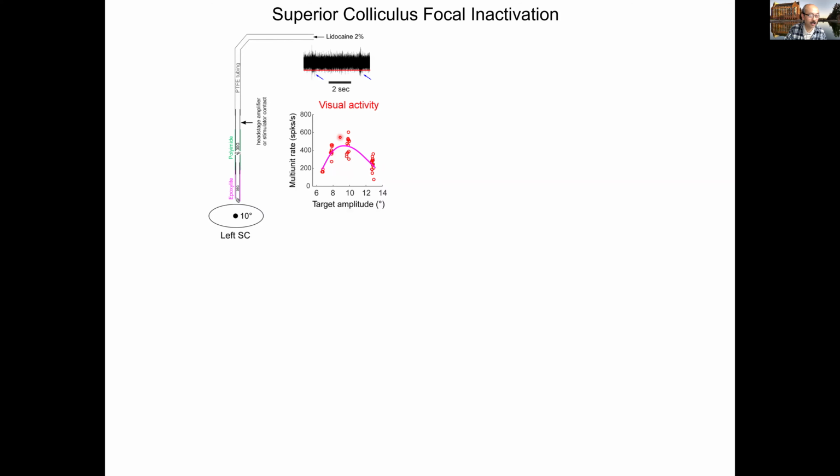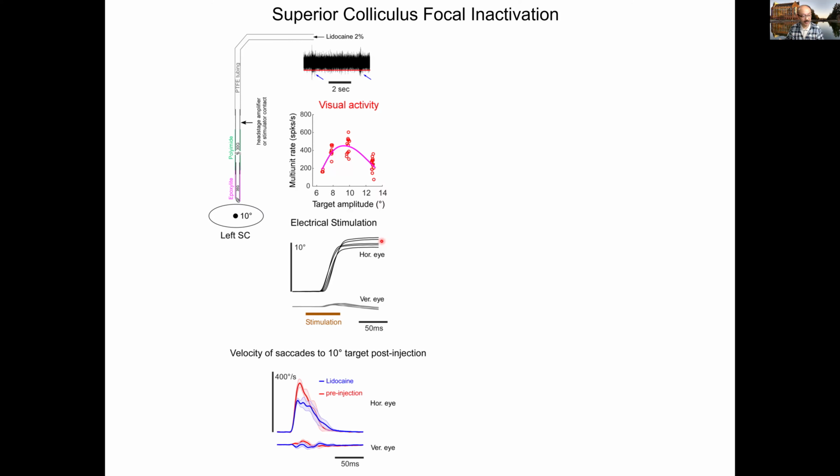And then after that, we confirm it with the stimulation. As we know, because of the 10 degrees, the adaptation does not transfer to 10-degree saccades, 10-degree target amplitude step. So we performed electrical stimulation. And consistent with the recording, the electrical stimulation produces a 10-degree eye movement, 10-degree saccades.